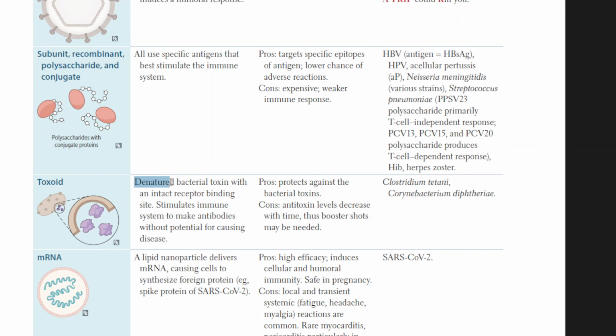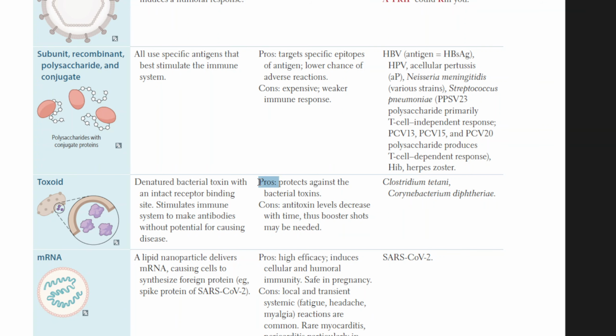The denatured toxin stimulates the immune system to make antibodies without the potential for causing disease. Remember, the toxin is a product of bacteria and can damage our body. They denature the bacterial toxin, and it still stimulates the immune system.